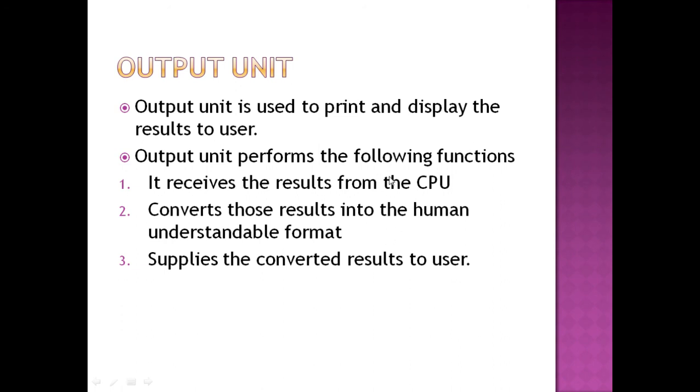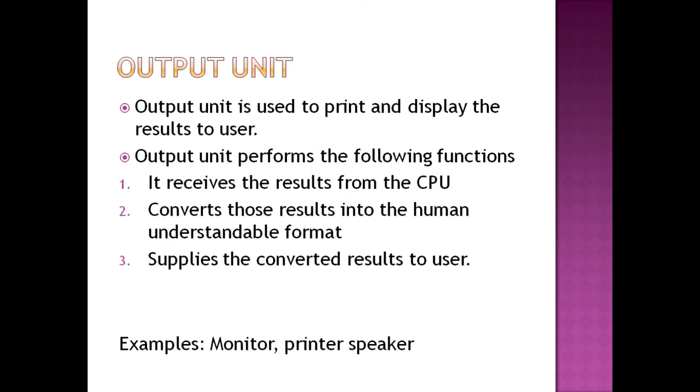This is the way the output unit functions. So what the output unit does is, first it receives the data from the CPU, then it's going to convert it into a format that's understandable by humans, then it's going to finally supply that results to the user. That is my output unit.